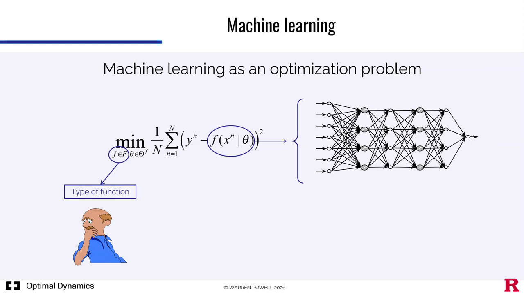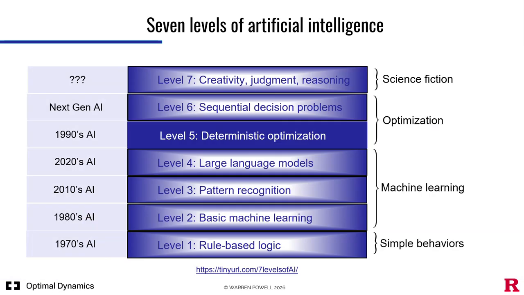Now, the choice of function is generally made by a human. Tends to be a manual process. And then generally in all of these functions, there are tunable parameters, and we use a training data set that involves observations or labels that they call Y, and they want to make the function match the training data set as closely as possible.